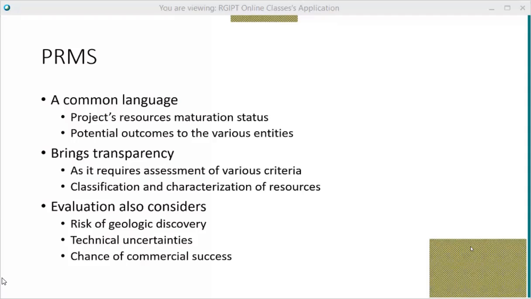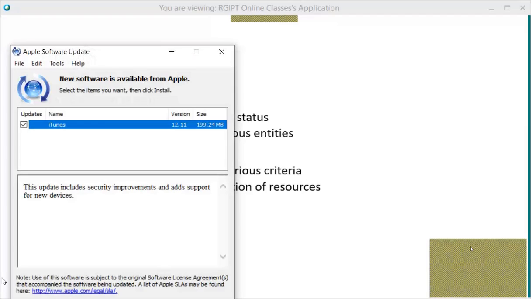So, companies are required by SEC to report their numbers. SEC, Securities and Exchange Commission in USA. So they are bound by these rules to report numbers for their reserves, so that shareholders know the status of the company, right?